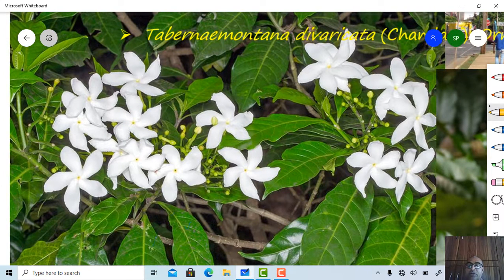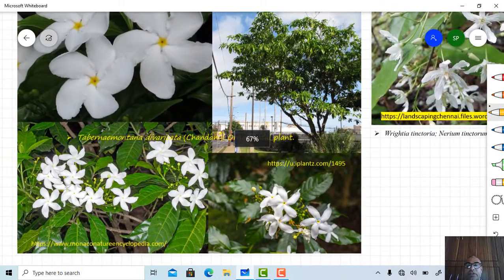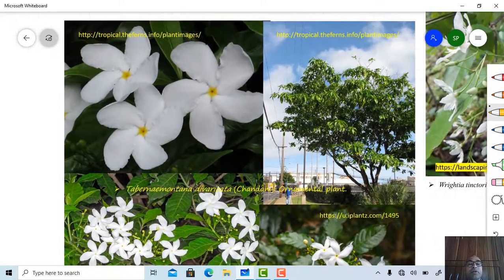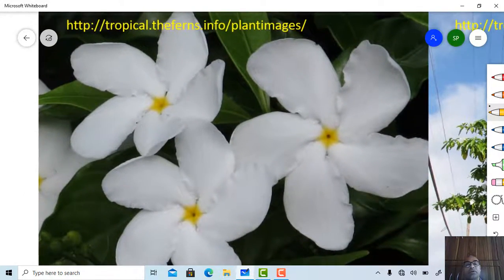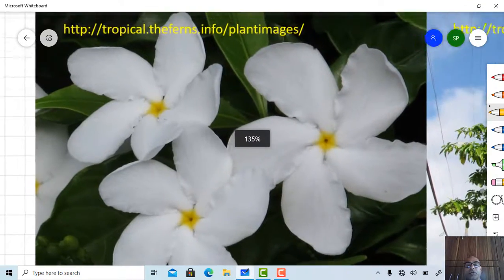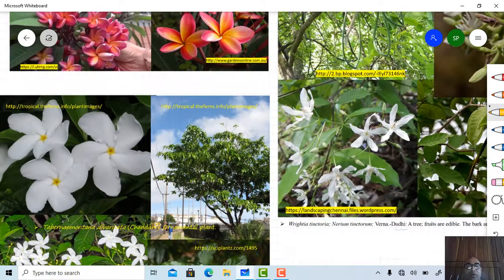Let's observe the margin, venation, pattern of leaves, flowers, inflorescence. Okay, then this one is again a figure of the twig, and this one represents the flower. White colored corolla is present here.